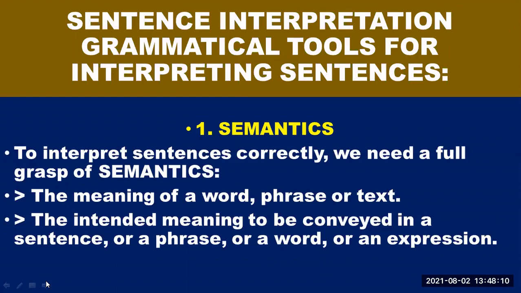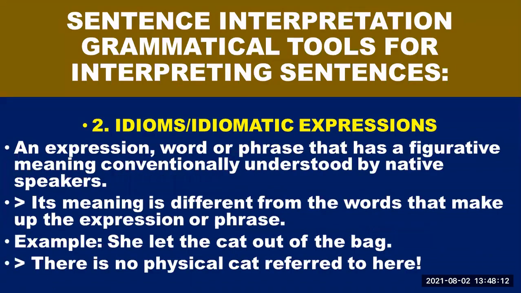Then we talked about idiom or idiomatic expression, which is an expression or word or phrase that has a figurative meaning conventionally understood by native speakers. Normally, an idiom has a meaning that is different from the literal meaning of the words that make up the group. But we have been able to look at ways of interpreting idiomatic expressions.